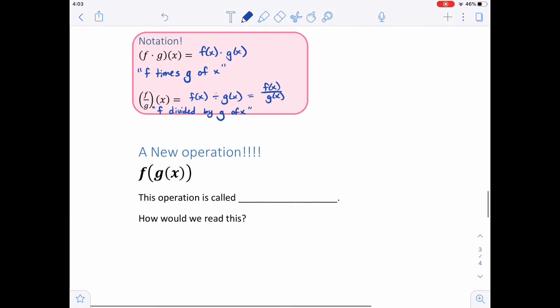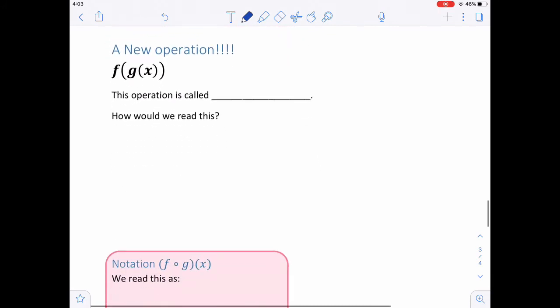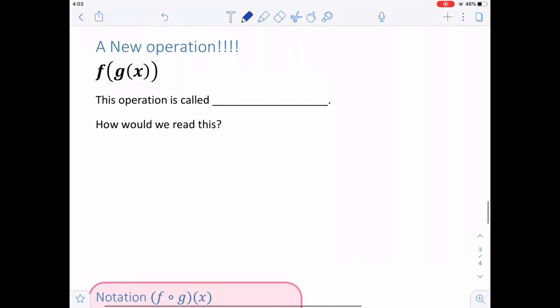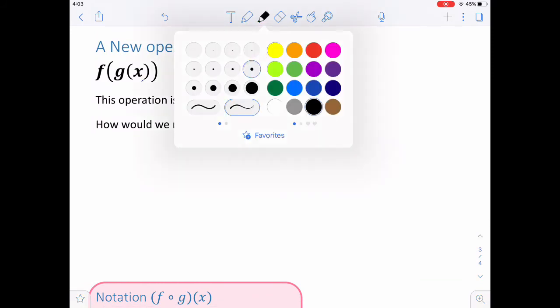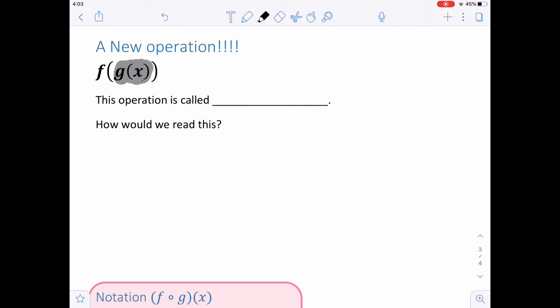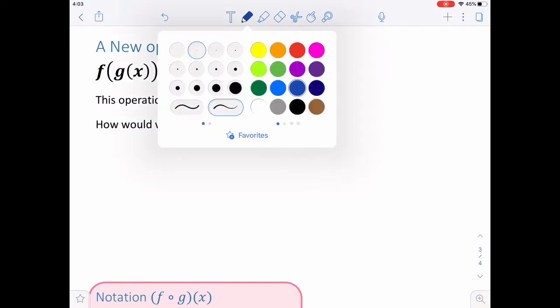Now the big thing we're adding now is a new operation. That new operation looks like this. And so this looks scary, but it also looks exactly like stuff we've seen before, right? If we just do this, I can make this go away. And then it's just f of something, right? Well, it's f of what? It's f of g of x.